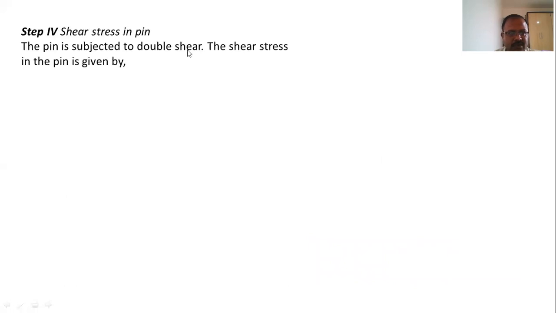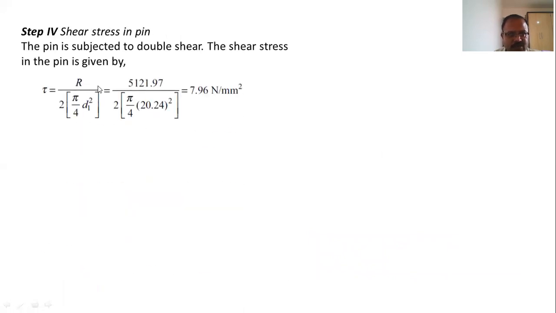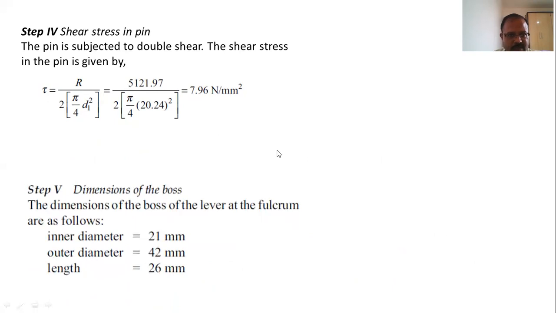Then we can check for shear stresses, double shear, using the equation tau is equal to reaction upon area. It comes out to be 7.96 Newton per mm square, which is again quite less than the permissible value. The dimensions of the boss can be specified as inner diameter 21 mm, outer diameter 42 mm, which depends on the diameter of the pin, and length is 26 mm.